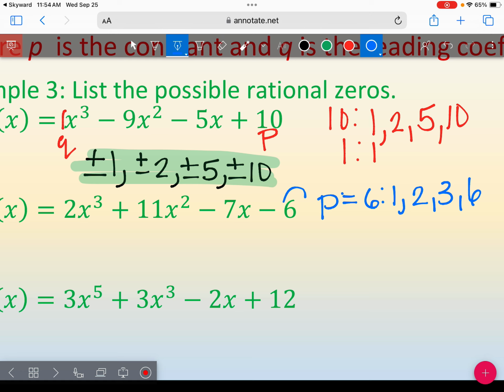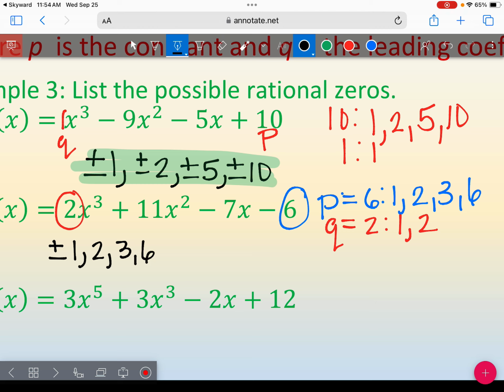So this is P. What's Q? 2. Q is 2. What are the numbers that go into 2? 1 and 2. All right, so our possibilities, again, every single number is plus and minus. If I take all 4 of these numbers and divide them by 1, that means I would have plus and minus 1, plus and minus 2, plus and minus 3, and plus and minus 6.